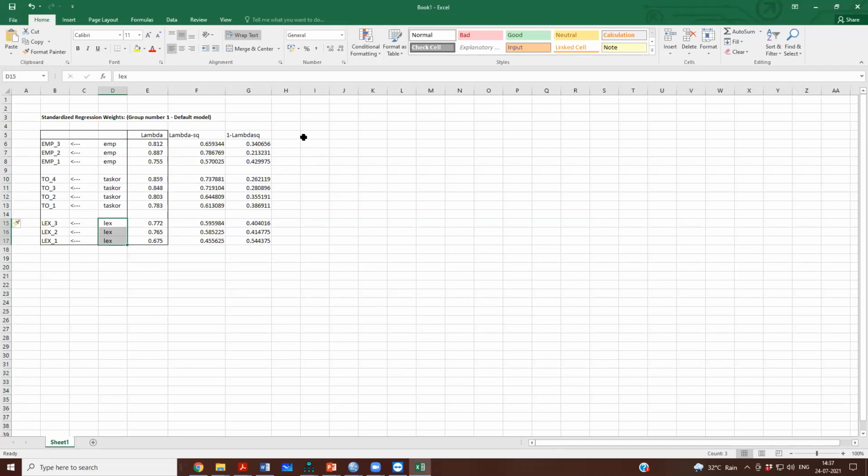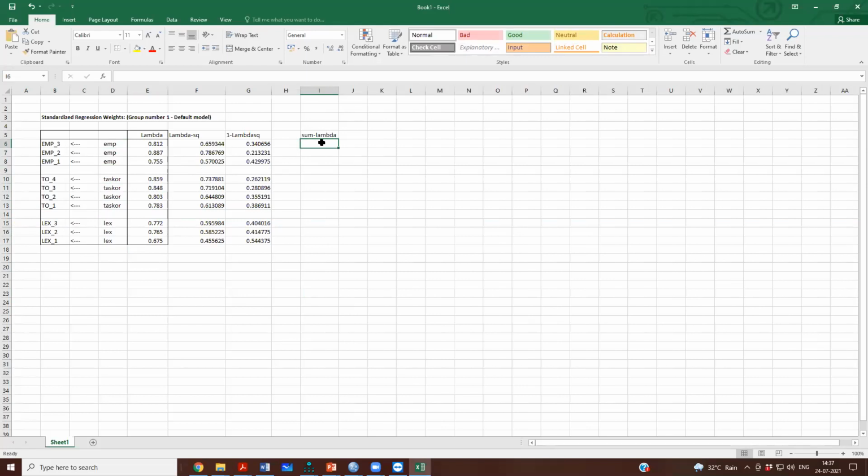So now we will also compute for each factor completely the sum of lambda, right? So what is sum of lambda? It is the sum of the loadings for this factor.